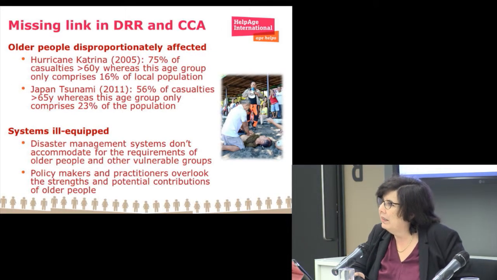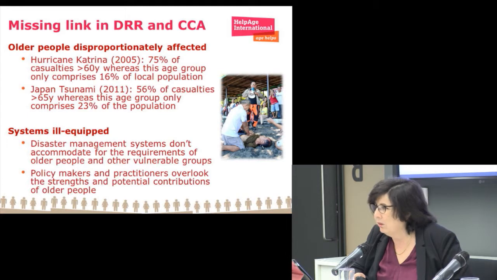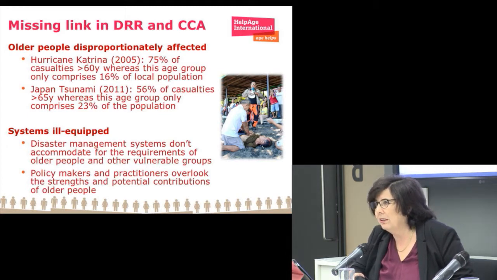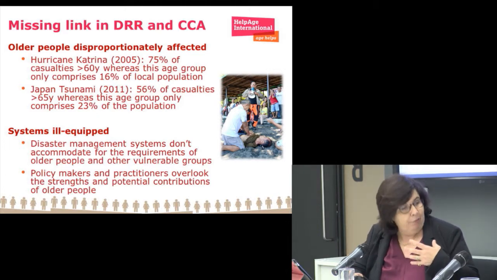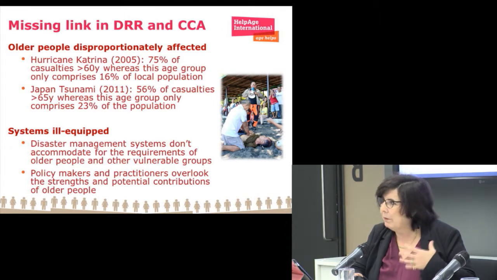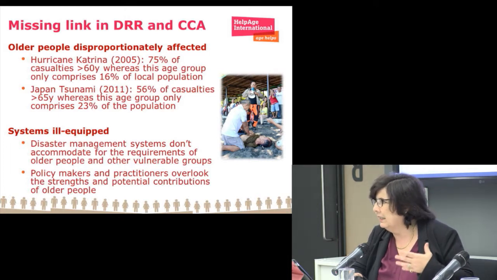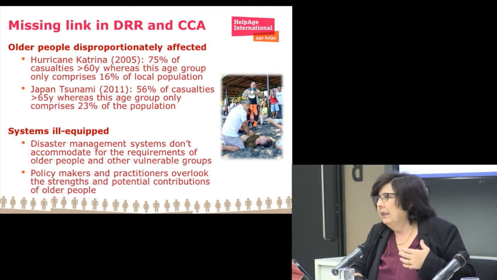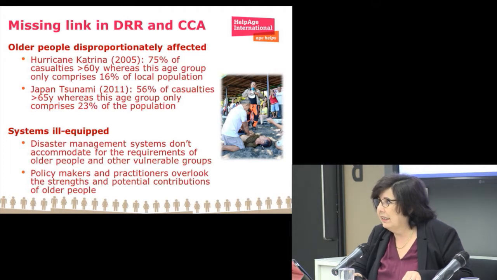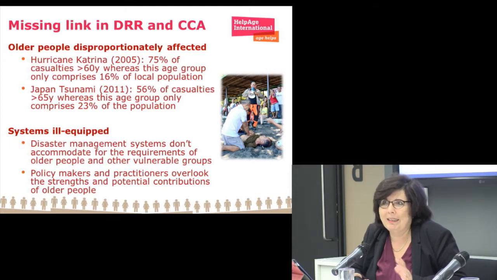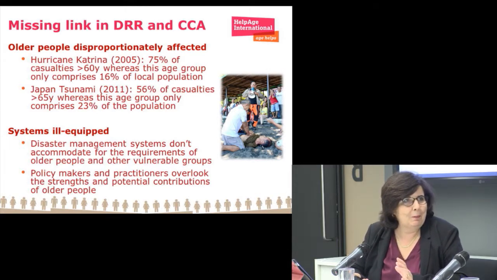Some very important facts have already been mentioned, but it is important to look at them. The implication of how disaster affects people in old age came out very clearly in Katrina and the tsunami in Japan. 75% of casualties in Katrina were over 60, when they were only 16% of the population; proportionately, it should have been 16%.